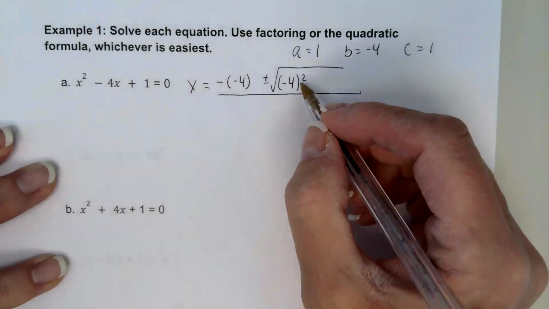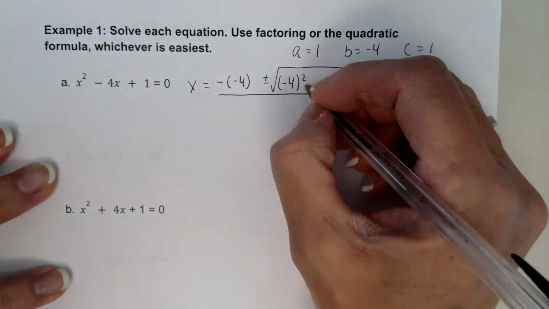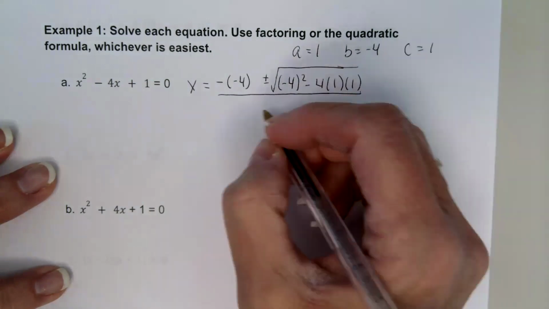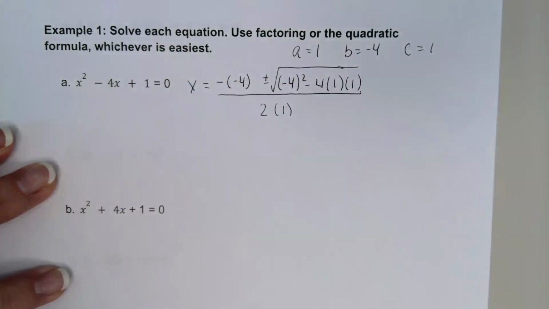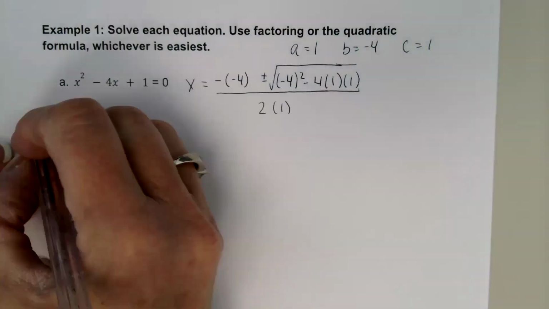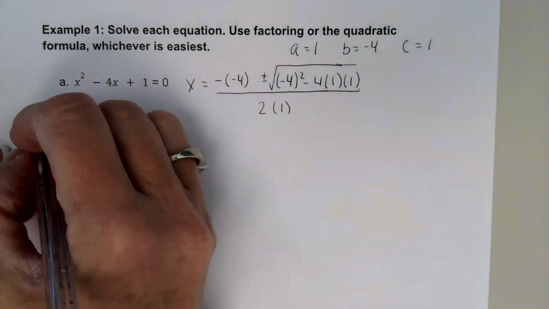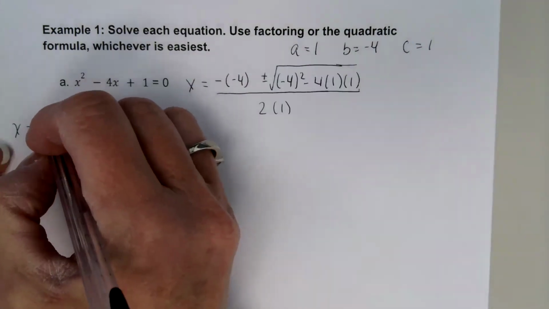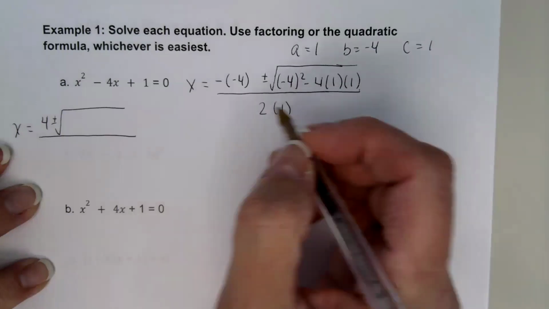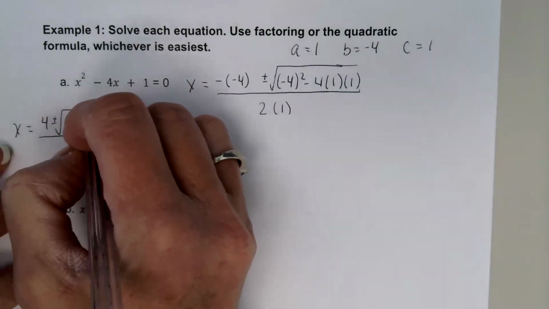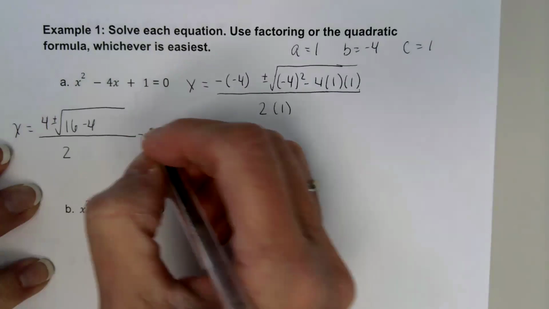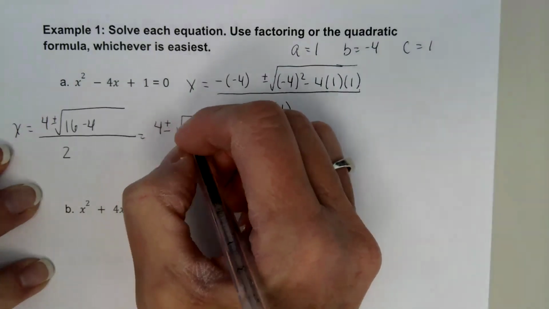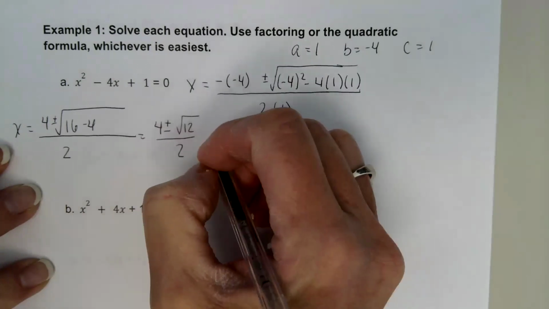So this will always be a positive, minus 4 times a times c, all over 2 times a. So x equals a positive 4, the opposite of a negative, plus or minus the square root of negative 4 squared is 16 minus 4, all over 2. This becomes 4 plus or minus the square root of 12, all over 2.